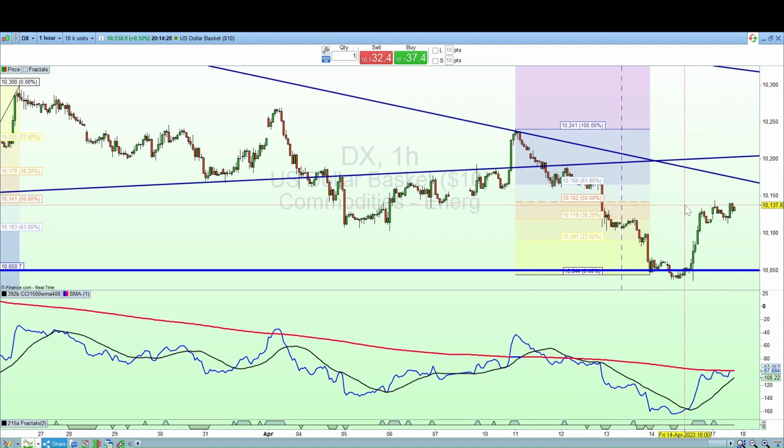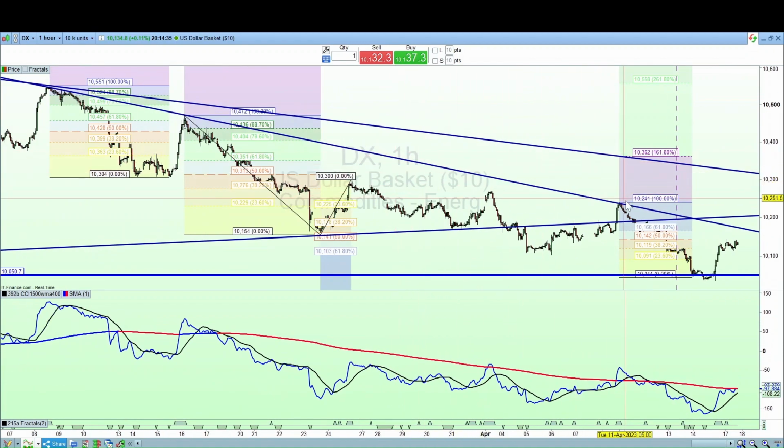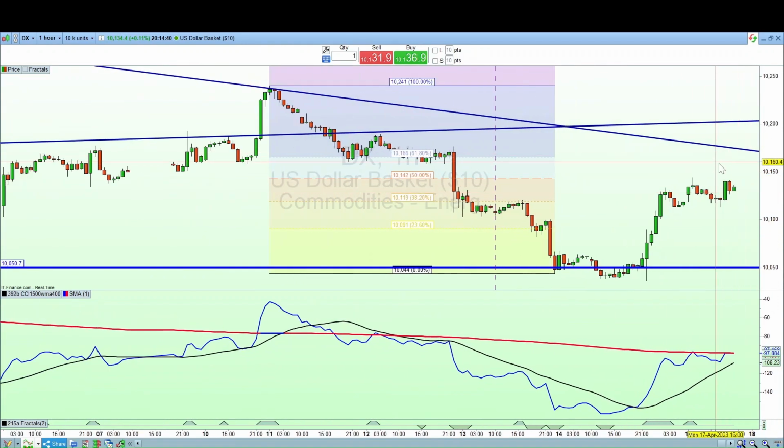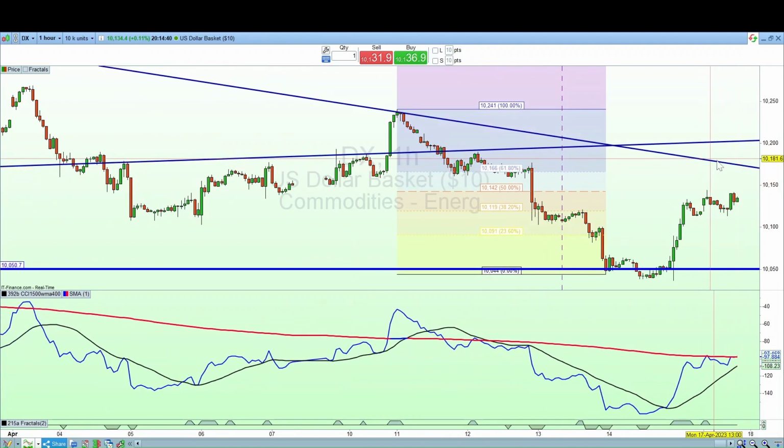Now you'll see here it's currently sitting at the 50% retracement level, and that lower level diagonal line that was drawn, this one here, if the price comes and bounces off that in the coming hours, and that'll be probably as this declines, that's near the 61% Fibonacci retracement level. So it may well bounce to the downside, in which case further short positions may be made available.